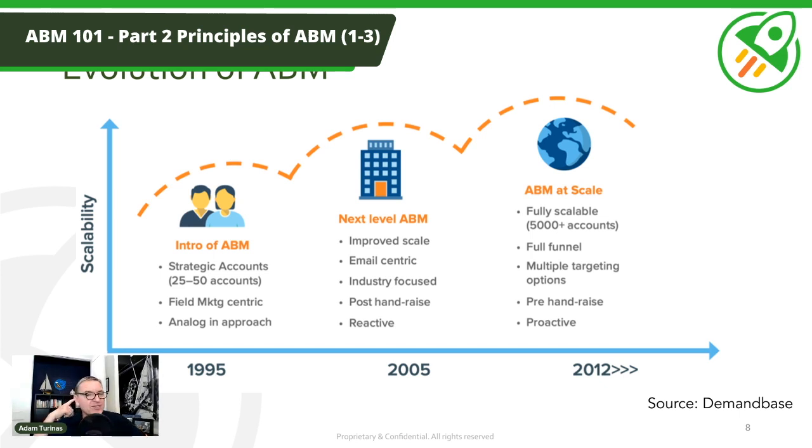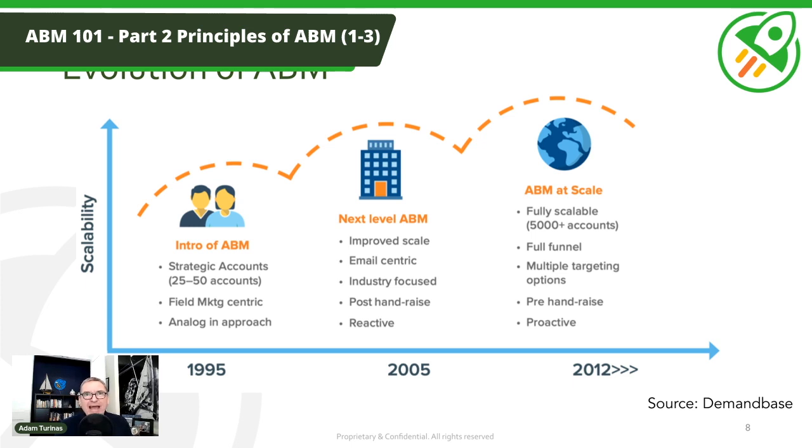In the 2000s, email became the leading B2B strategy. And it provided scale to really do the concepts of ABM, where you're targeting specific accounts with much more personalized, or at least much more segmented and industry focused approaches.